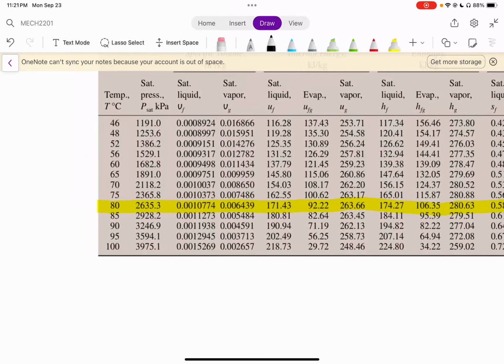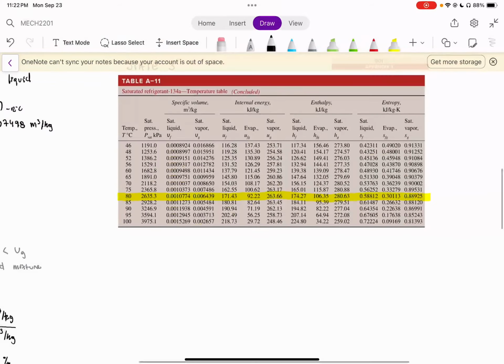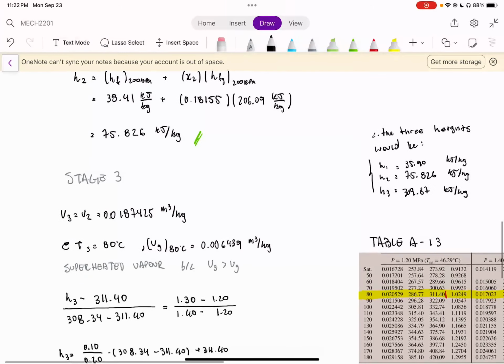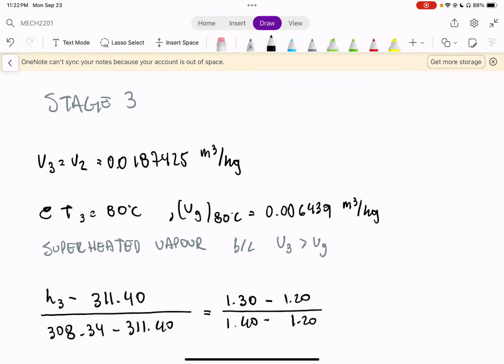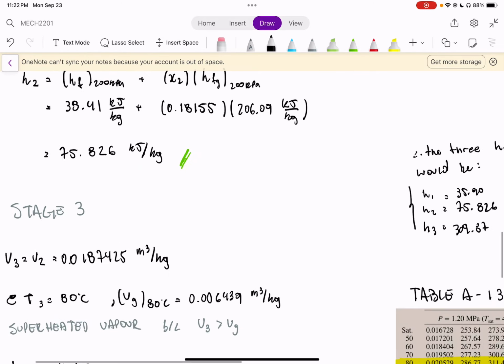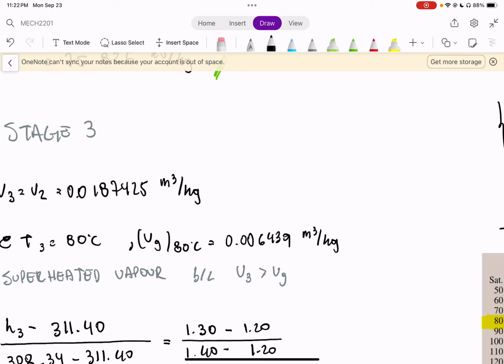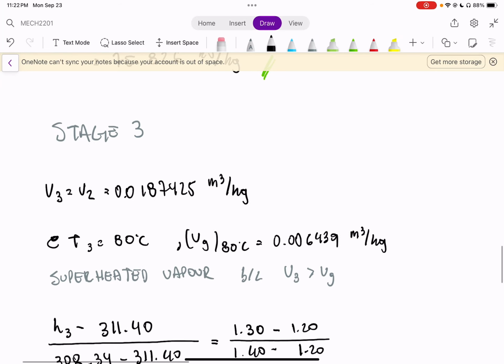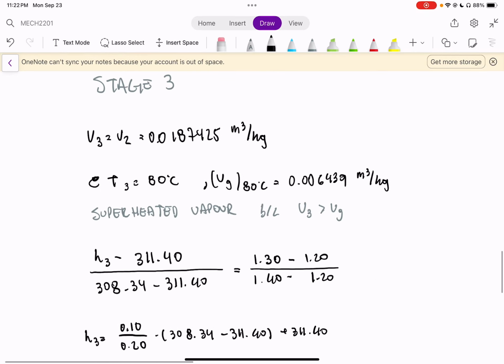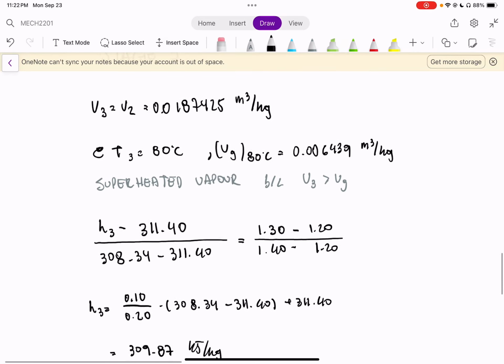As you can see, this is 80 degrees Celsius. Continuing, we're in the superheated vapor region because volume 3 is greater than vg, which is 0.06. This number here is greater than this number here, meaning we're in the superheated vapor region.